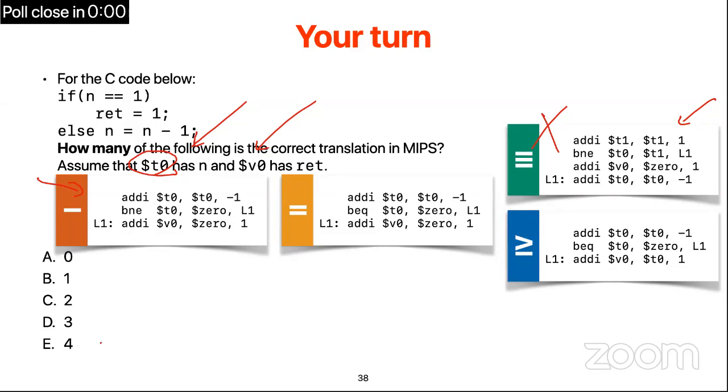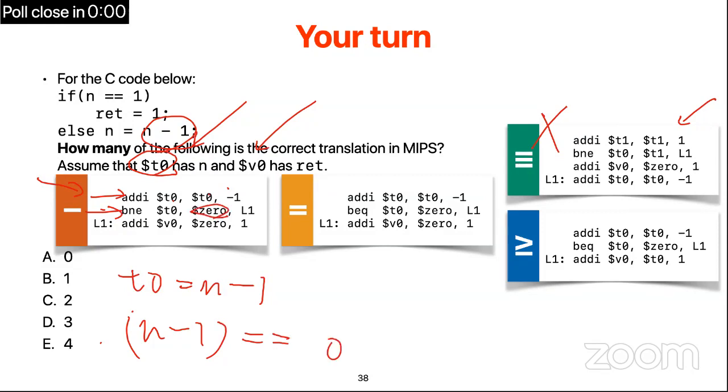Okay, so here's the thing. Here we did add immediate T0 minus 1, so we are doing n minus 1 here. T0 right now has n minus 1. Here we are doing branch not equal, saying that if n minus 1 is equal to what? 0. Right? We are asking if this is true, so if you move this one here, it's actually asking if right now n is equal to 1.